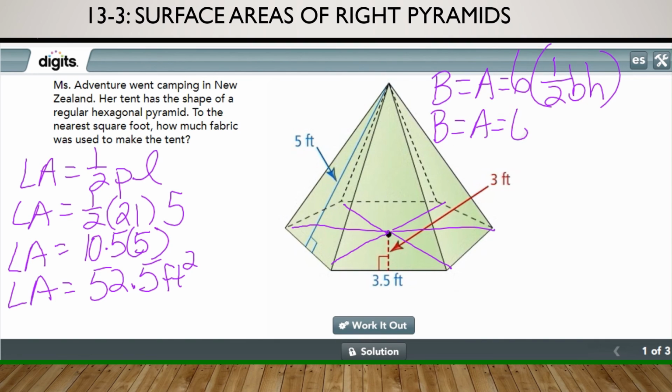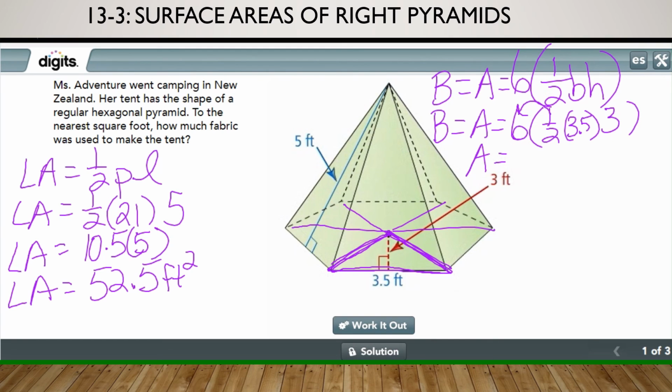Now we're going to substitute all of that information. If we look at one of the triangles, let's just focus on this one here. What is the base of that triangle? The base of that triangle is 3 5/10. Now what is the height of that one triangle? The height is 3.